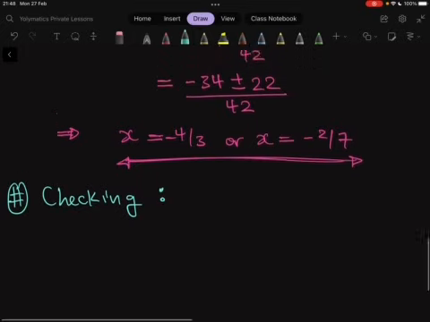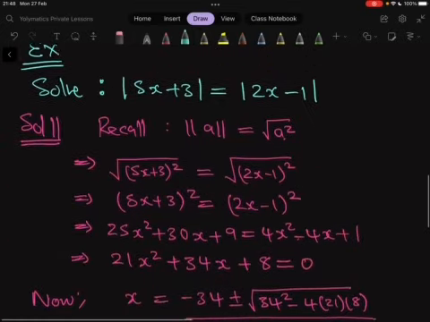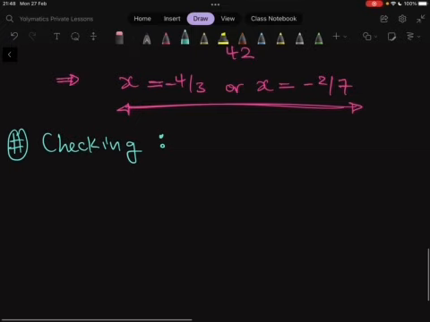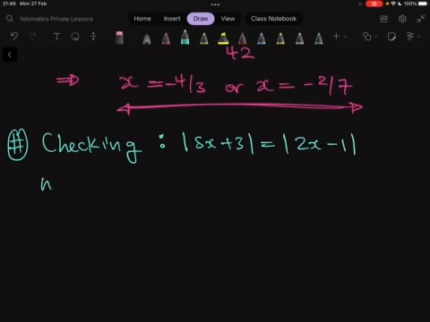So to check, let's consider the equation that we have: the absolute value of 5x plus 3 equals the absolute value of 2x minus 1. You see that? So now let's check when x is negative 4/3 and see what happens. So let's put negative 4/3 into the left hand side.